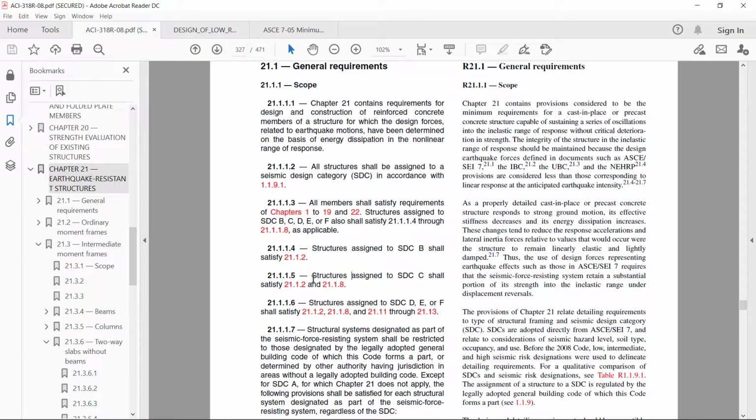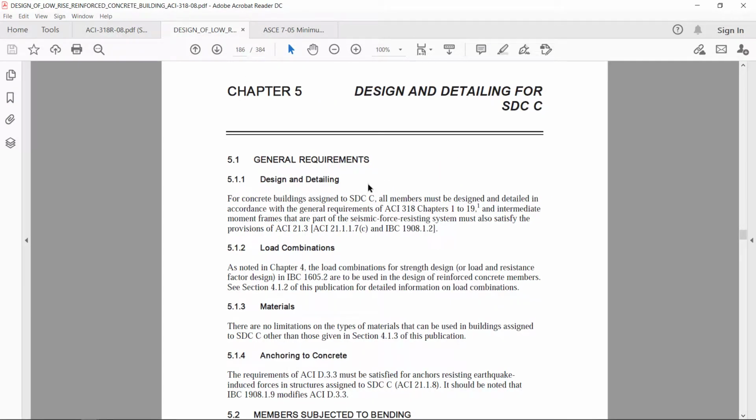So now we will see what the additional requirements are and what the impact of seismic category C design on the same structure will be. So let's go back to the book. It says that for concrete buildings which are assigned to seismic category C, all members must be designed and detailed in accordance with the general requirements of ACI 318 chapters 1 to 19, which is the same thing as explained in the code.